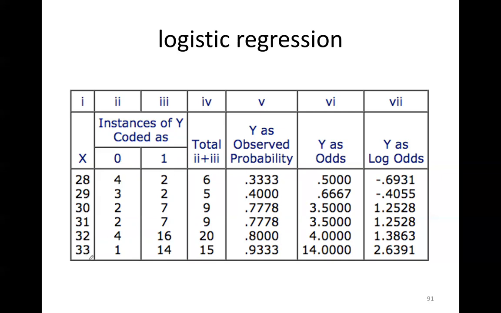When the experimental variable was 33, the response happened as failure 1 time and success 14 times. And now you can convert these values into odds of success and log odds.